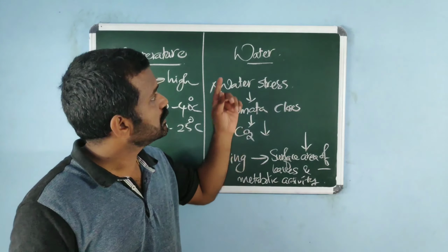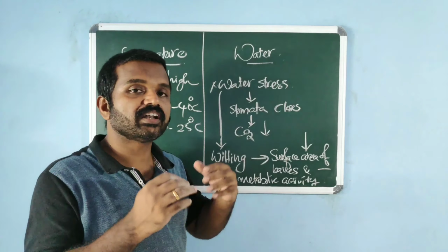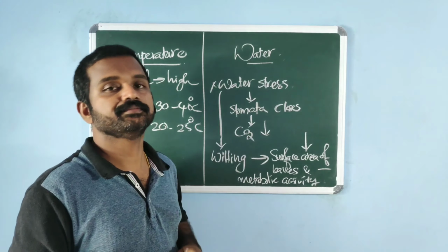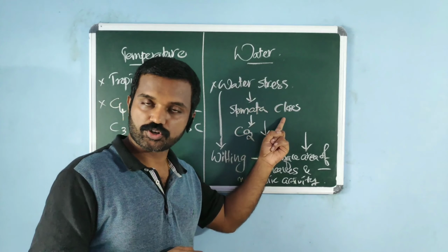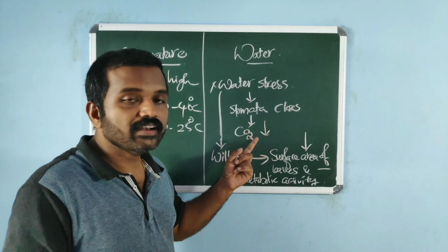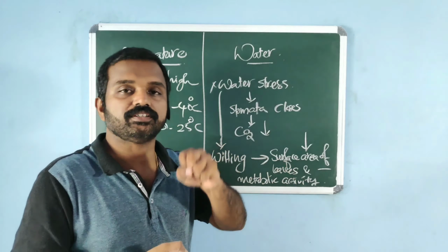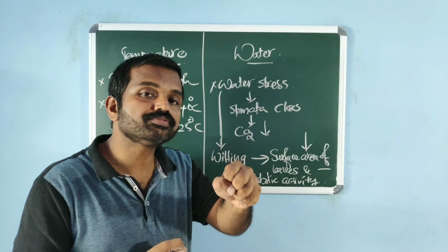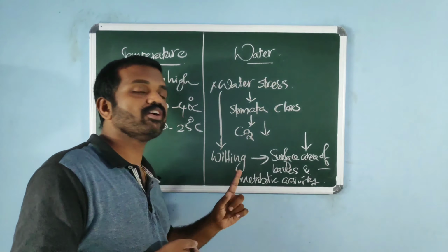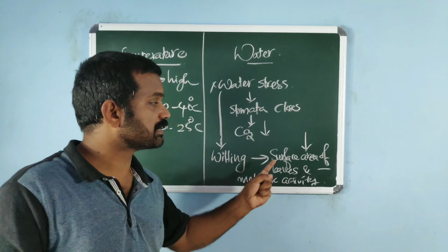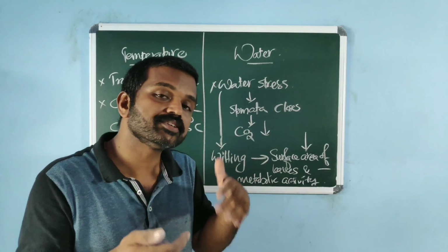Then water. Availability of water affects the rate of photosynthesis indirectly. Water stress causes closing of the stomata, which will reduce the absorption of carbon dioxide. Water stress also causes wilting of leaves, which will decrease the surface area of leaves and metabolic activity as well.